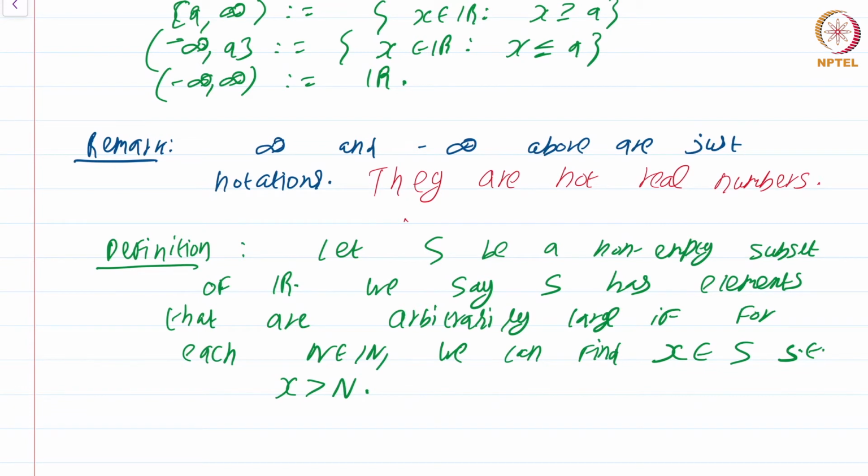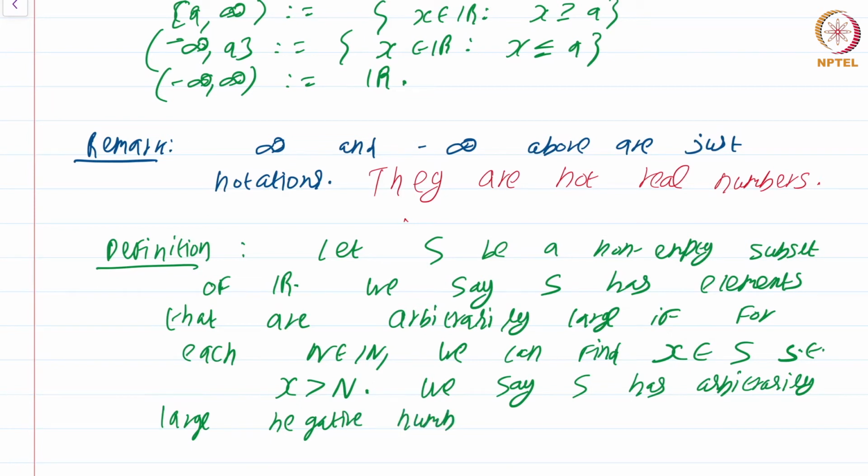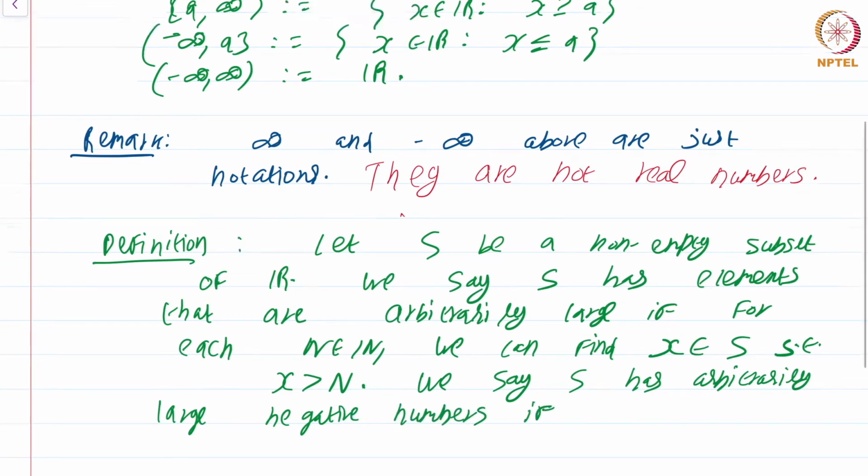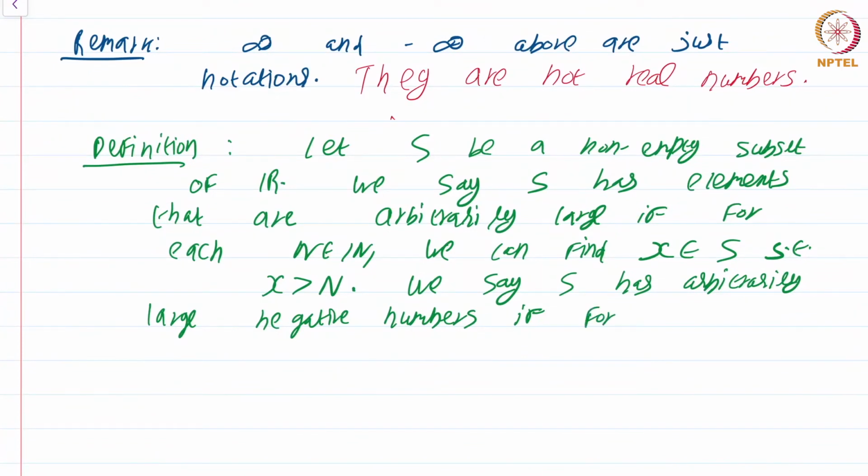Similarly, we say S has arbitrarily large negative numbers if for each n in N we can find x in S such that x is less than minus n.